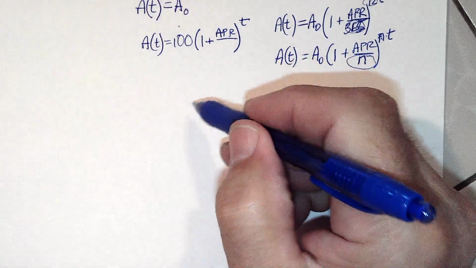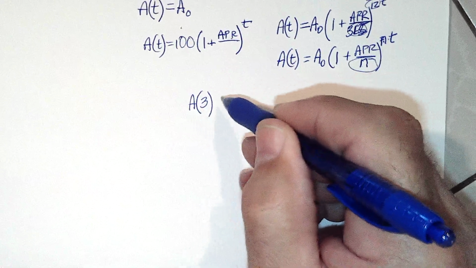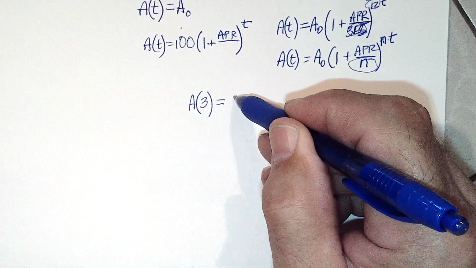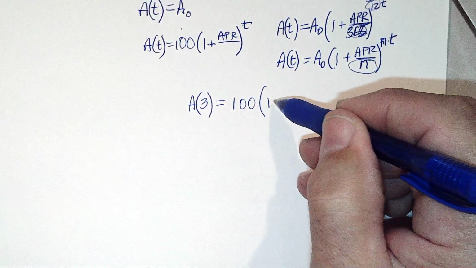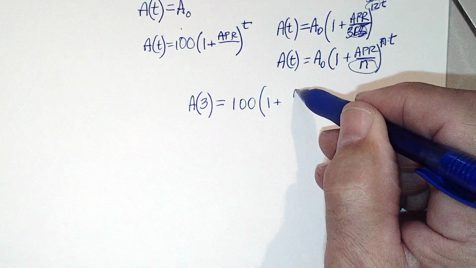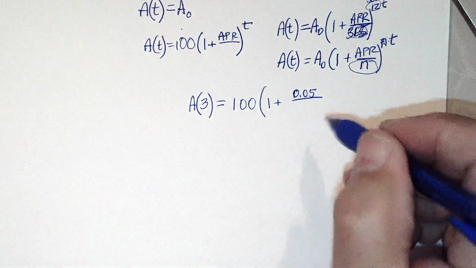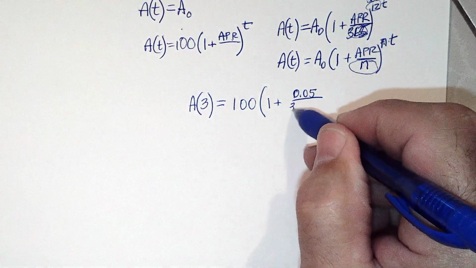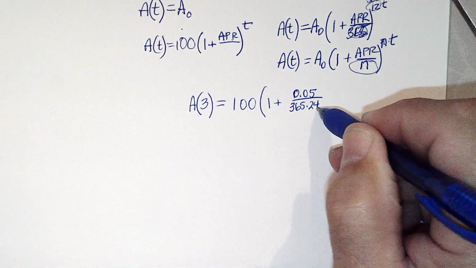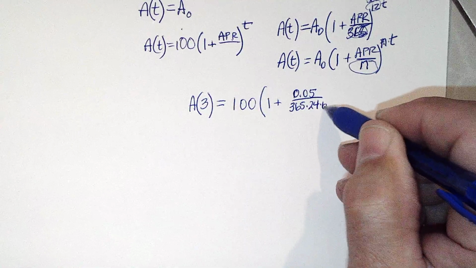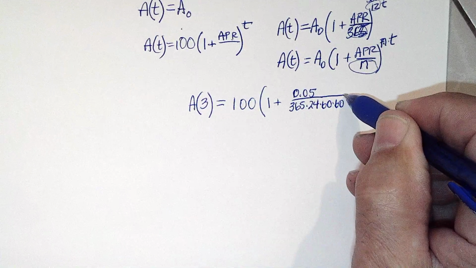So that would look like the amount after, let's say we'll do it for 3 years, would be the amount we start with times 100% of that we keep, plus the percentage rate, which we're going with 0.05, and the number of seconds in the year would be 365 days times 24 hours in a day times 60 minutes in an hour times 60 seconds every minute.